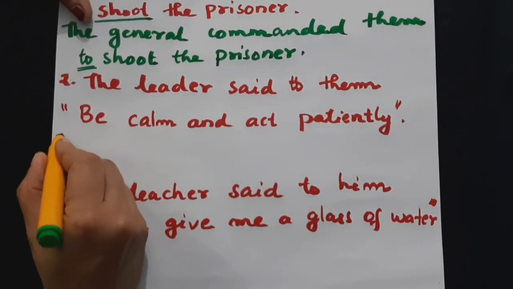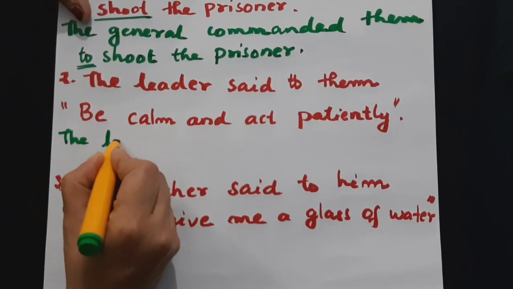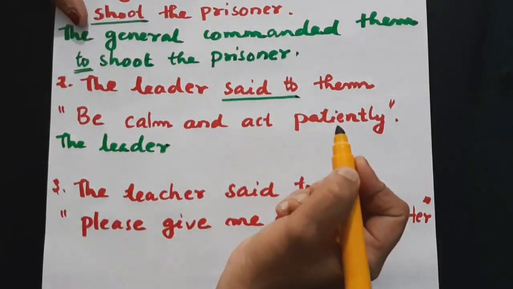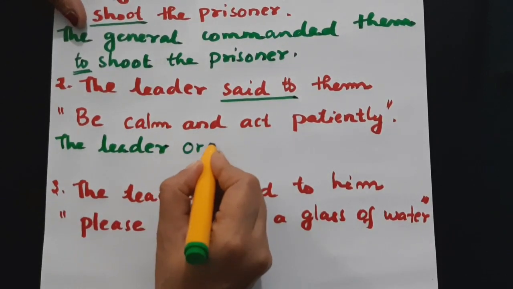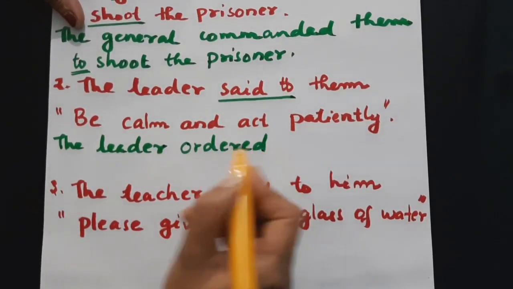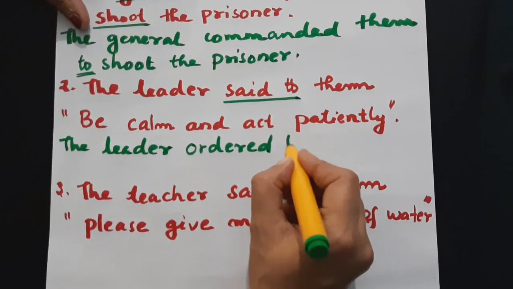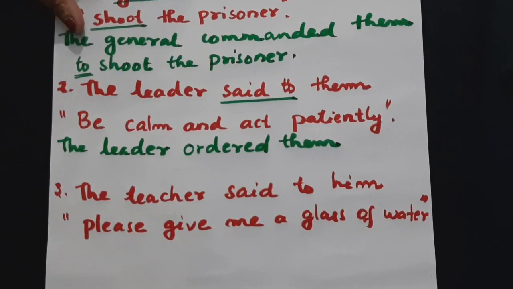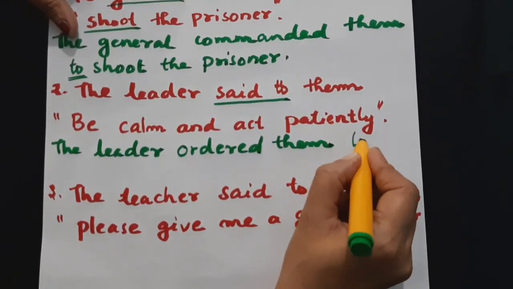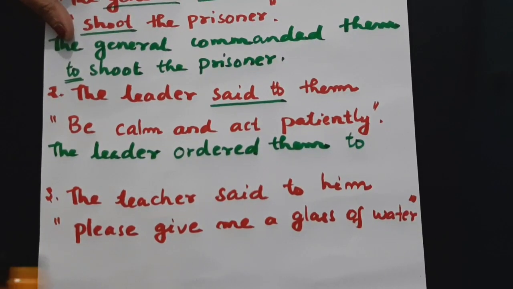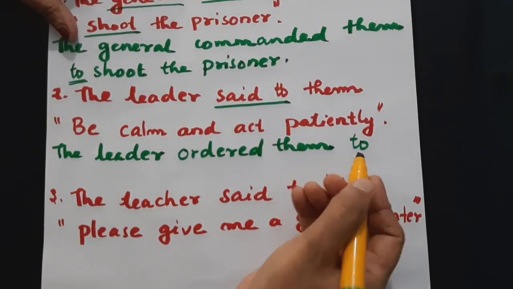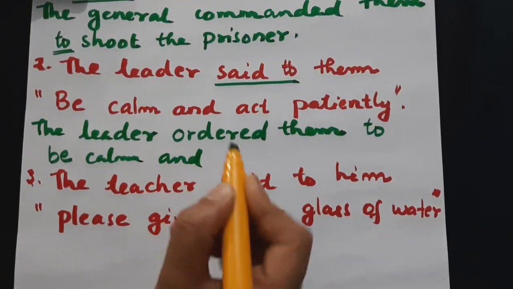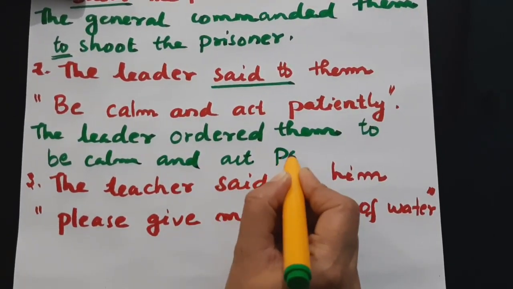So how can you write this? The leader, first rule, said to, how to convert it, as I told you here, ordered. The leader ordered them. I told you that before the verb you need to use to. That's all. No need of any tense changes at all. So to be calm and act patiently.